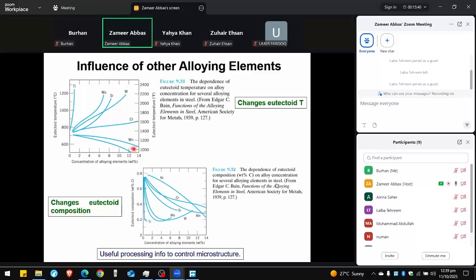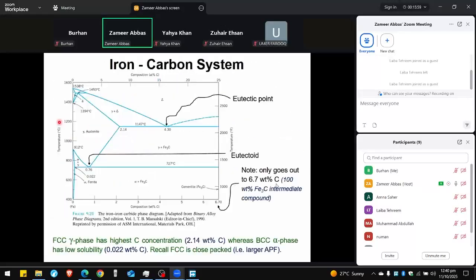If something decreases it, add that element, it will stabilize gamma at a lower temperature. So for other ones that push up, that means they more or less act as stabilizers of alpha, pushing the alpha field to higher temperature.